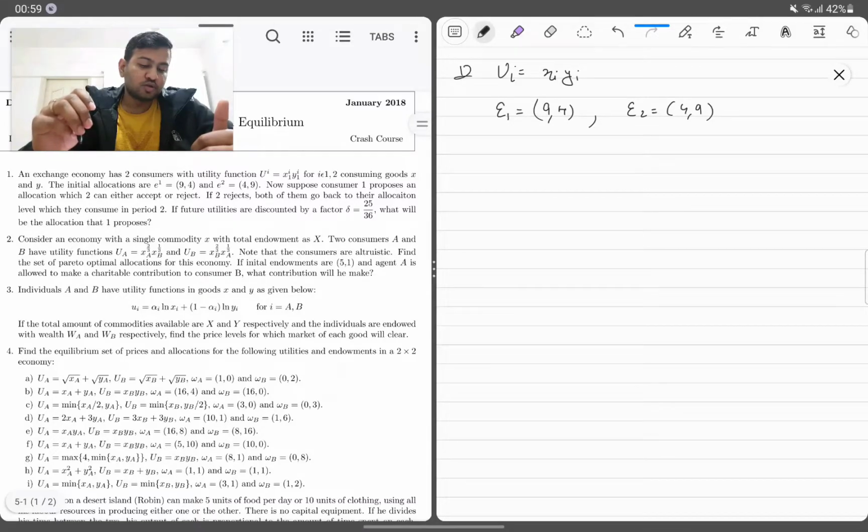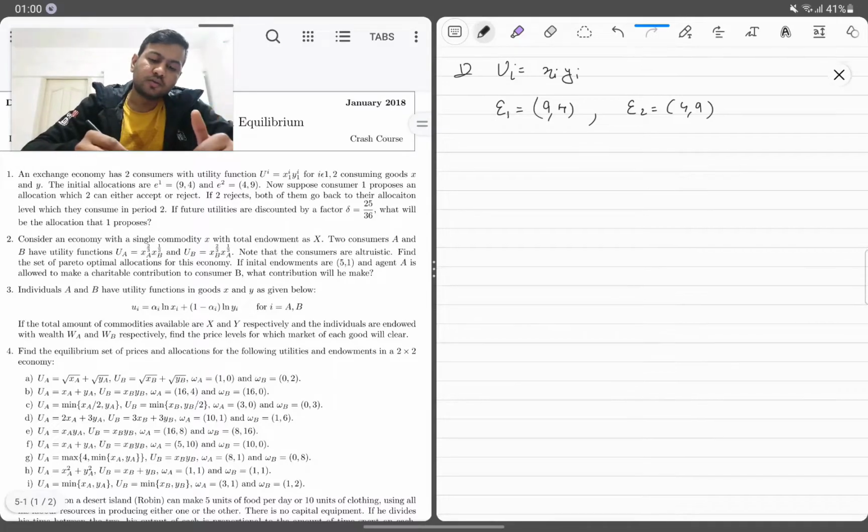Consumer 1 proposes an allocation which 2 can either accept or reject. If 2 rejects, both of them go back to their initial allocation level, which they consume in period 2. Future utilities are discounted by a factor of 25 by 36.